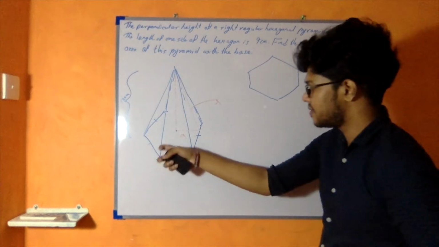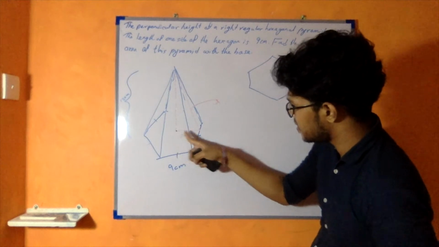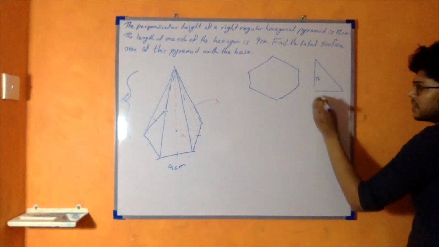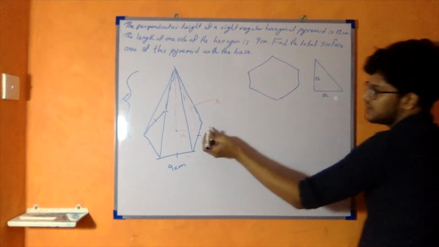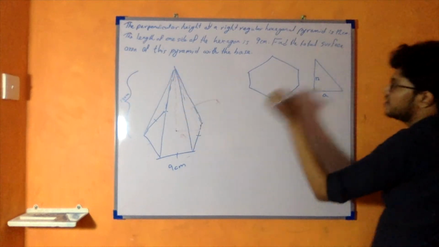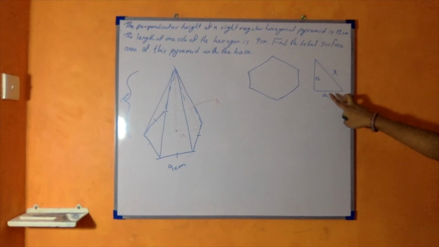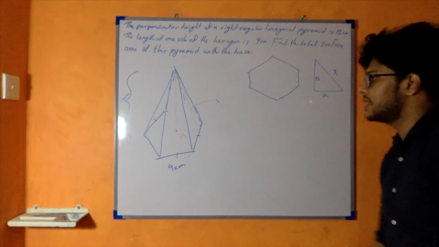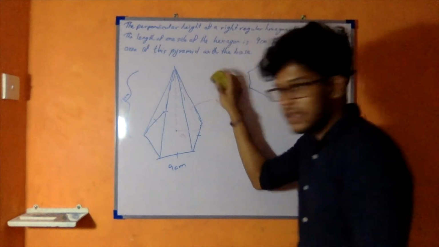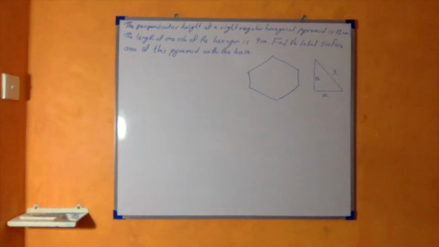The distance from the center to the side of the hexagon is A, and the perpendicular height of the triangular surface is L. Now we are supposed to find A, then by using A we can find L. I will erase the 3D figure.